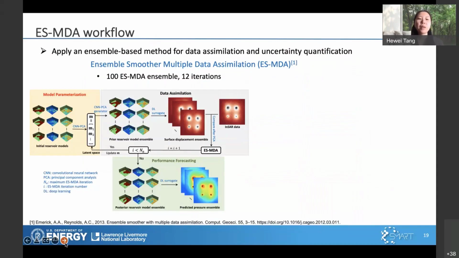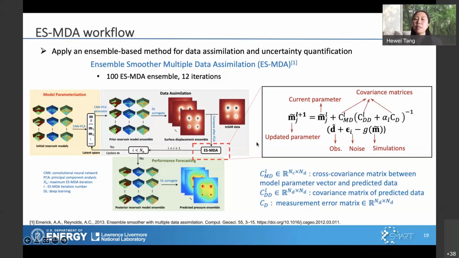Okay, so now we have introduced the major components in this workflow, including the geostatistical modeling, parameterization, and surrogate modeling with the deep learning neural network. So we choose an inverse model engine called ES-MDA, which is an ensemble-based method very popular in our field.